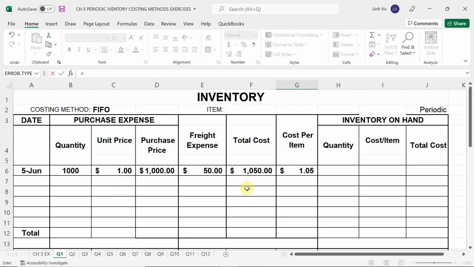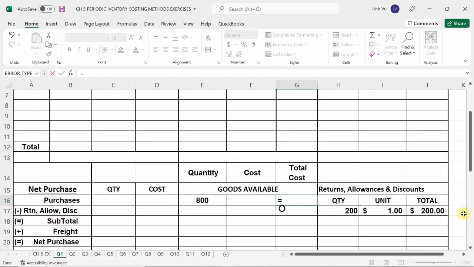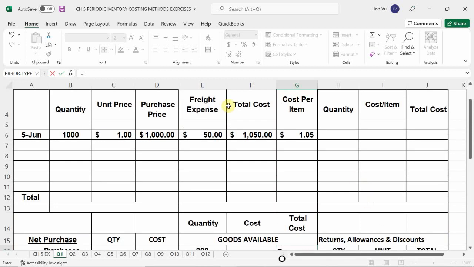So instead of having to go through the motions to recalculate everything, take the total cost, because at the end of the day, this is the total amount that I owe. But I end up getting a refund for $200. So it makes sense that I'm not refunding my freight at all, because this cost right here was the cost of my inventory itself. But I had to tack on the $50 because I still owe that to pay for the shipping.